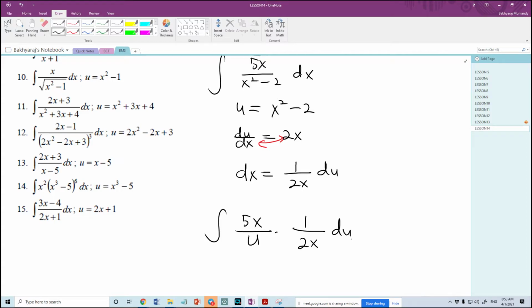Okay, now just simply cancel the x. Just cancel the x, because x is there, right? You cannot have any terms of x, remember, so you need to cancel the x. Okay, kita dah cancel, then equal, so here you get fraction, so fraction we bring it out, so 5 over 2 integrate 1 over u du.